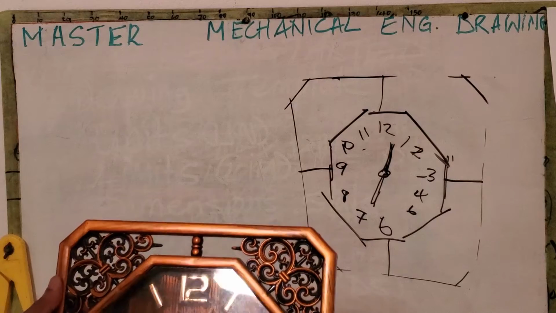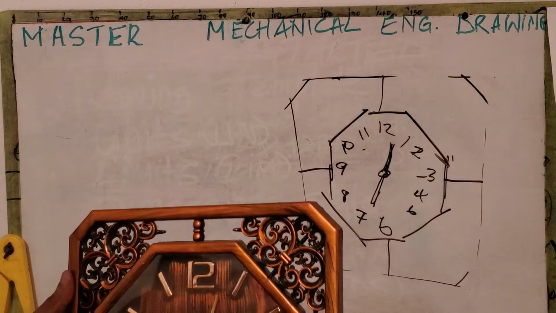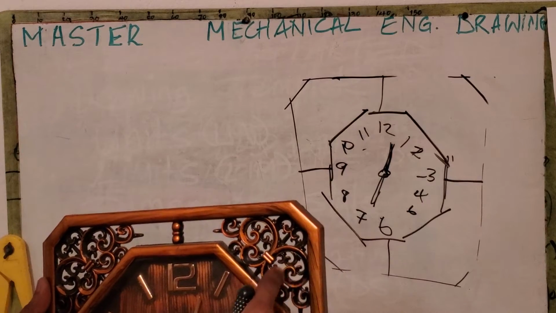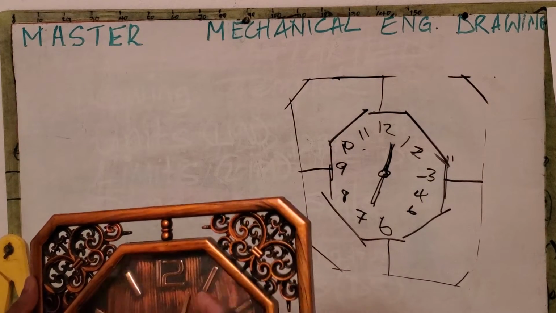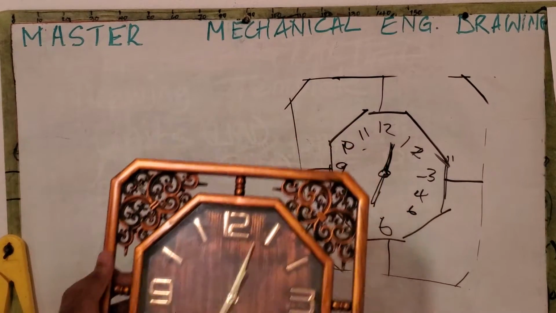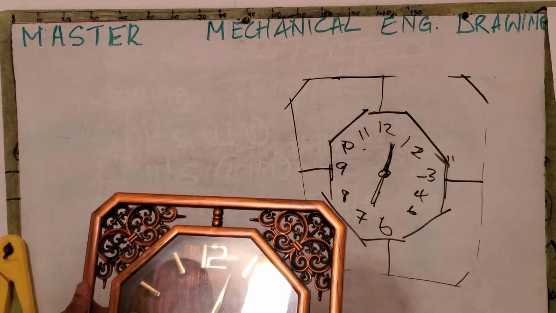And if we want to get a little bit more detail, we could add the Archimedean spiral here. Now, this is pretty much a sketch of this clock.